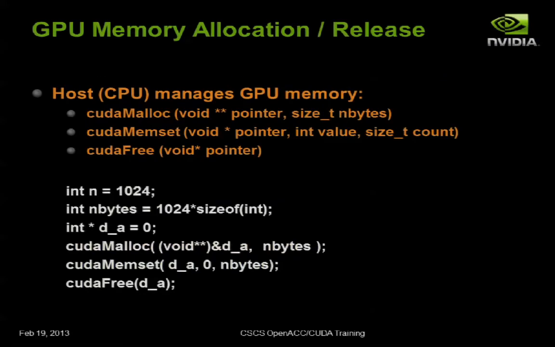Memory allocation and release is very similar to allocation and release of memory on the CPU side. You have a cudaMalloc, you have a cudaFree, and if you want to initialize your data, you have a cudaMemset. Now cudaMalloc, unlike the malloc on the host side, where you malloc a certain amount and get a pointer back that you assign to a variable, takes a pointer to a device pointer.